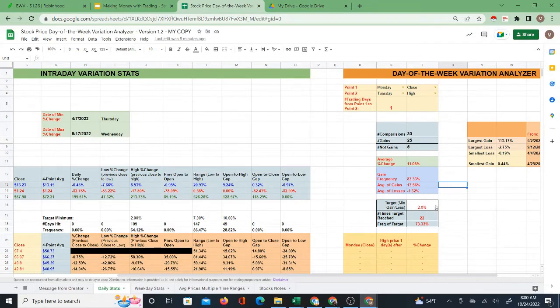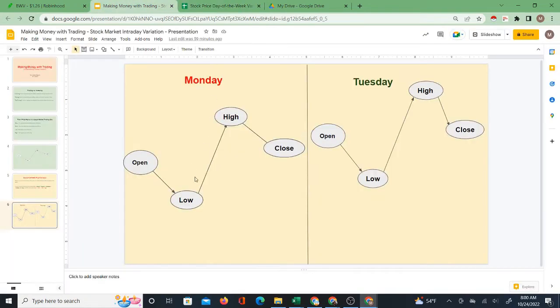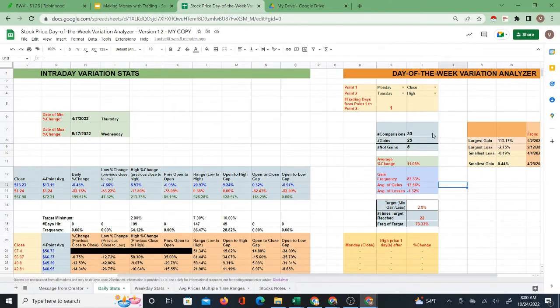All right. So that's great. Okay, so we're looking at from here, Monday's close, to here, Tuesday's high, and we're finding that there's a nice gap. Okay, and this is not just one time, right? This has happened repeatedly. Now, another thing we can do, just to be a little more advanced, is you can set up a target amount.